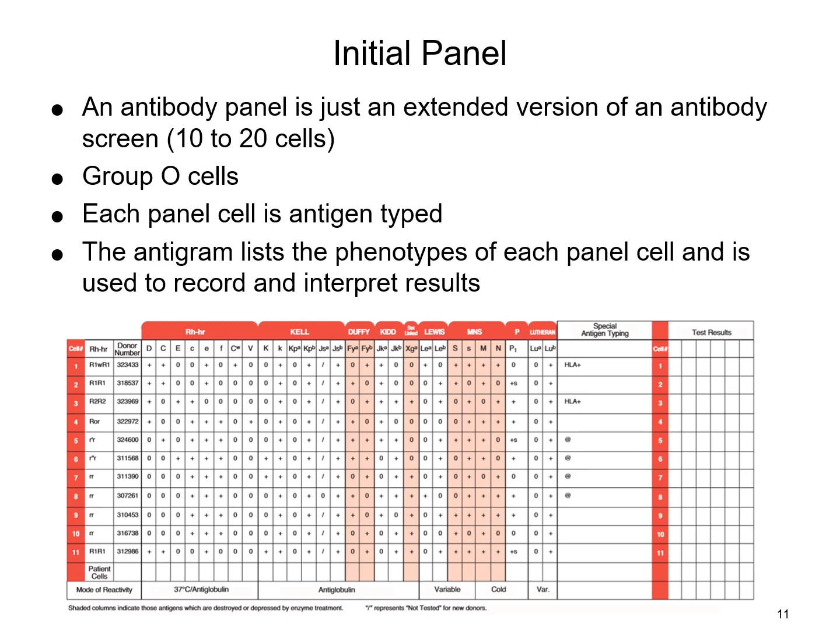Just like your screening cells, these cells are all group O individuals, and each panel cell has been antigen typed to list the phenotype of each of those, and that is listed on the antigram that you will use to record and interpret your results.